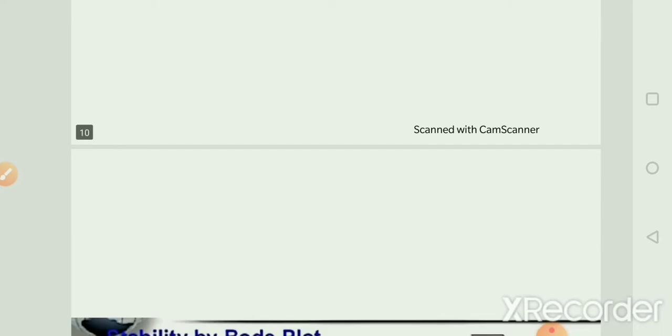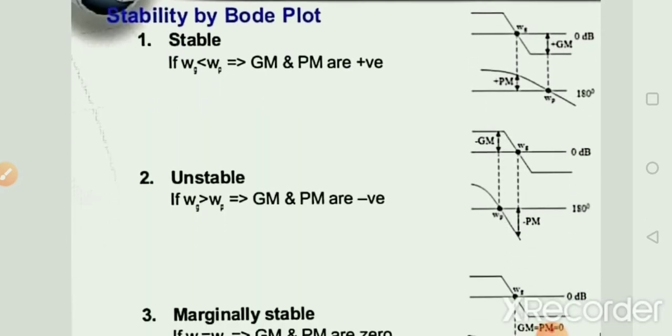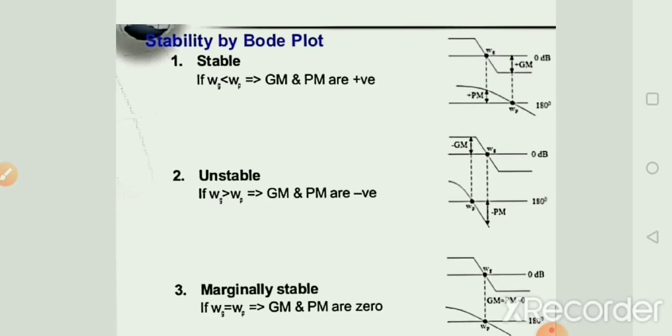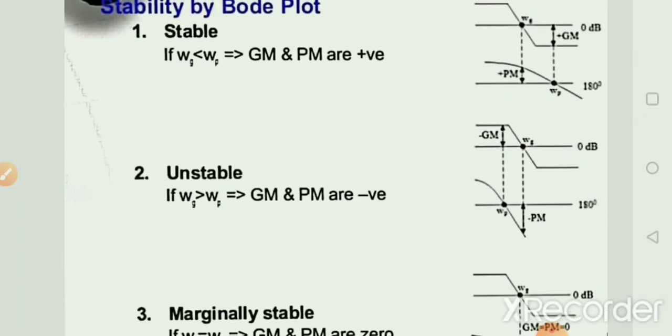Now we see what the stability conditions are for both plots. When the phase cross over frequency is greater than the gain cross over frequency, it means our gain margin and phase margin are positive, and we can say this is a stable system.